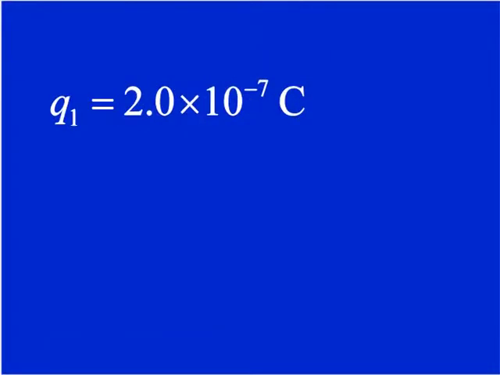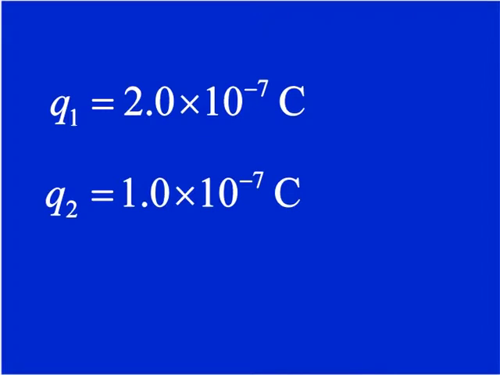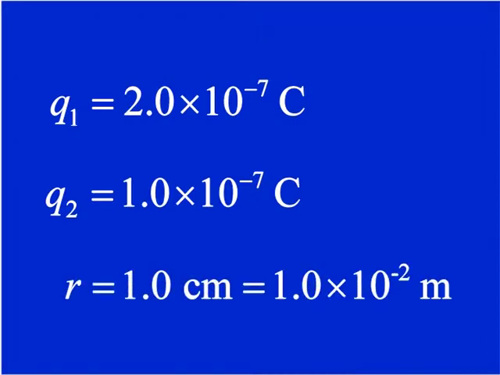Here, charge Q1 is 2.0 into 10 raised to the power minus 7 coulomb and charge Q2 is 1.0 into 10 raised to the power minus 7 coulomb and R is 1.0 centimeter or 1.0 into 10 raised to the power minus 2 meter.